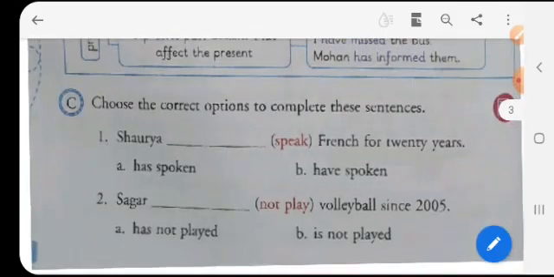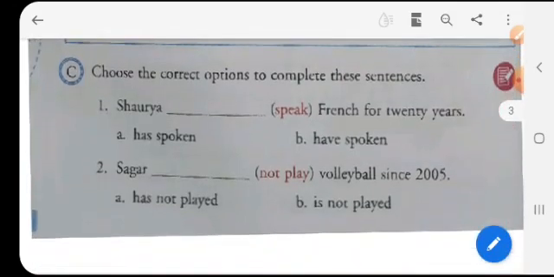Now here is an exercise. Choose the correct options to complete these sentences. Shaurya dash French for 20 years. Shaurya has spoken French for 20 years.